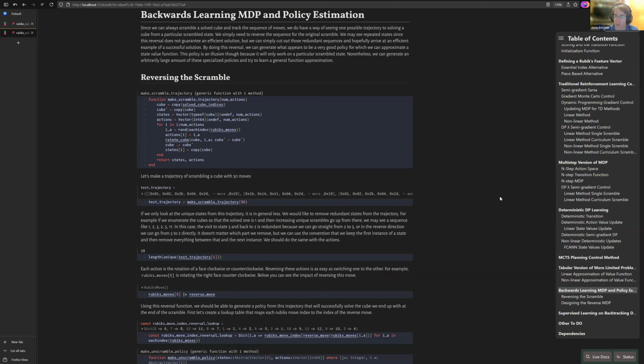The feature vector can represent all cube states, but the reason why is that there's 48 unique facelets of the cube. So each cube can just be represented with 48 integers, each of which is 1 to 48.